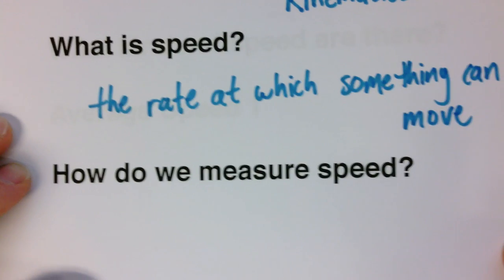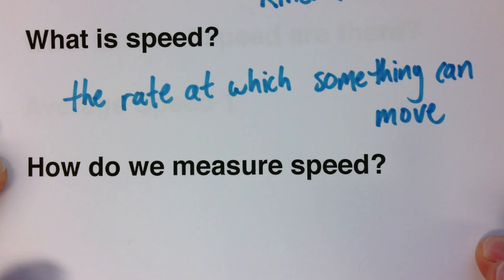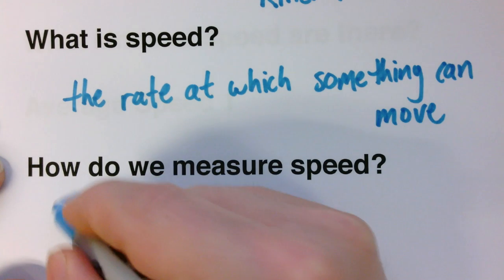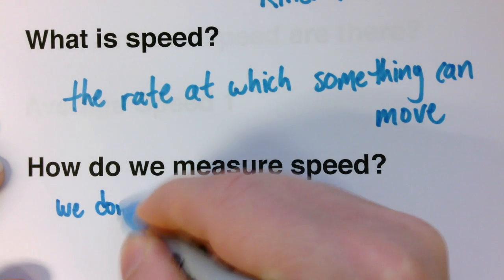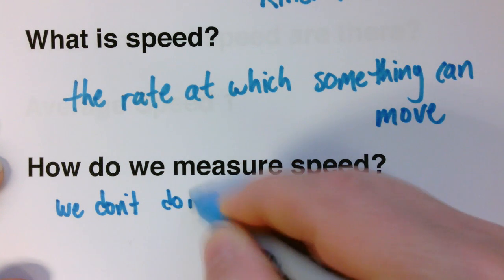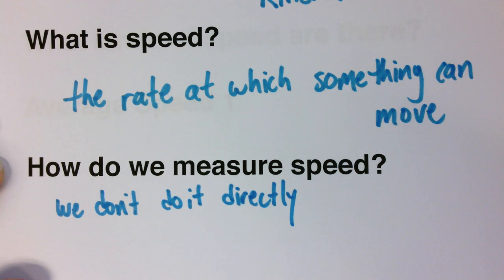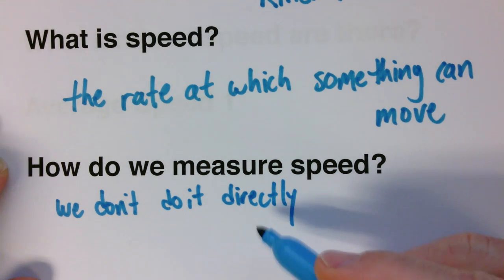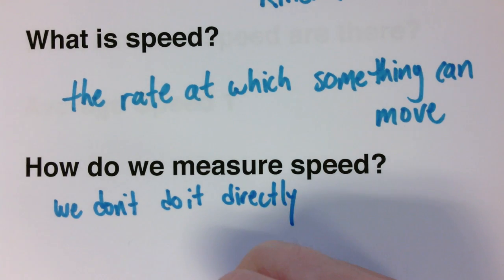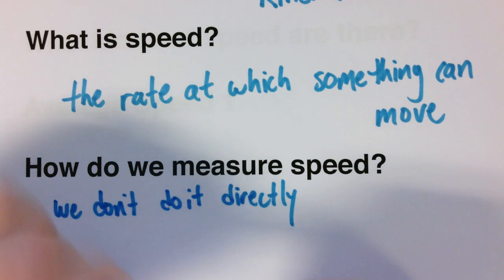How do we measure speed? Well, the simple answer to that question is we don't do it directly. We measure two other quantities that allow us to determine or calculate the speed.